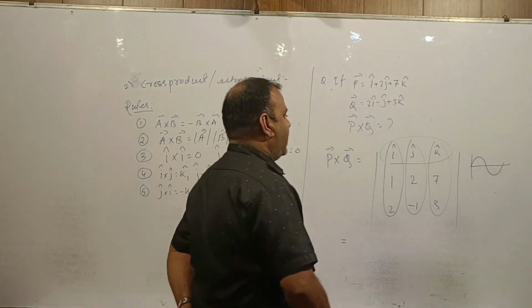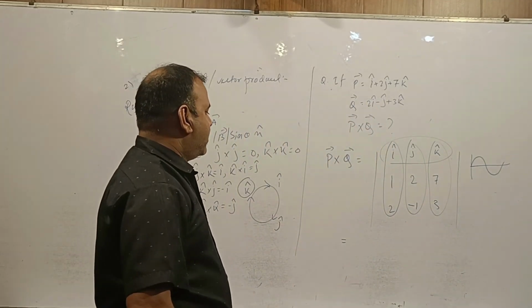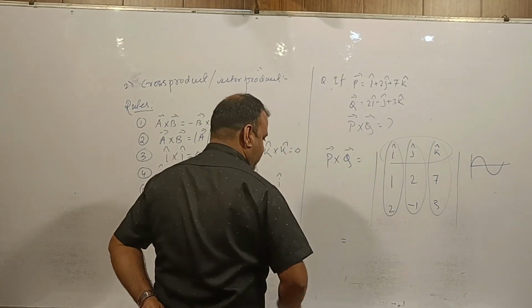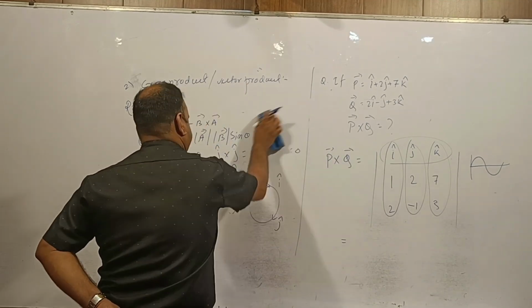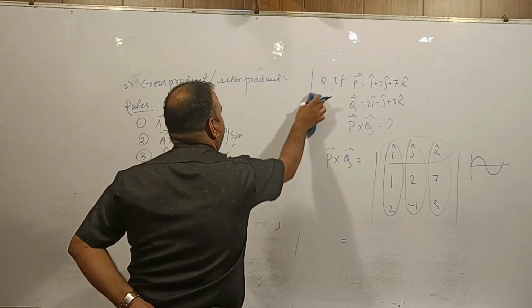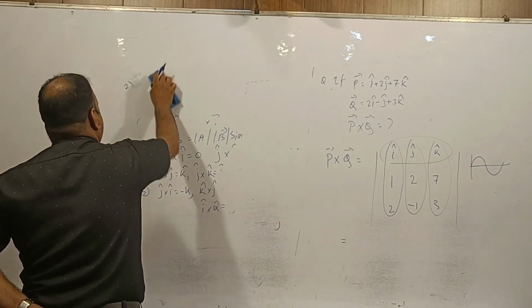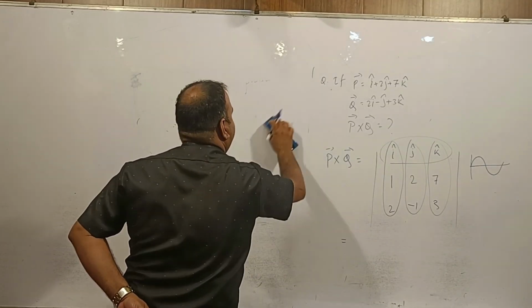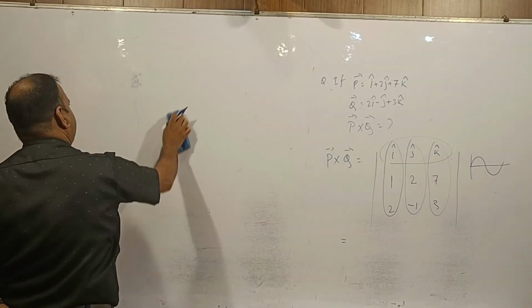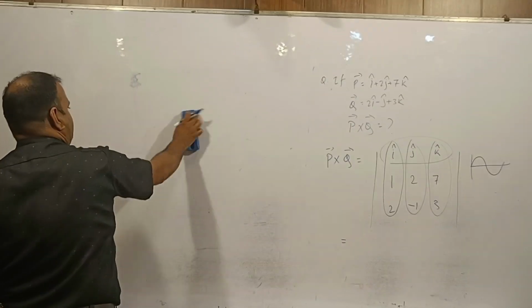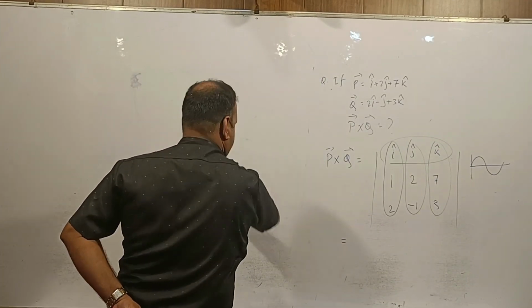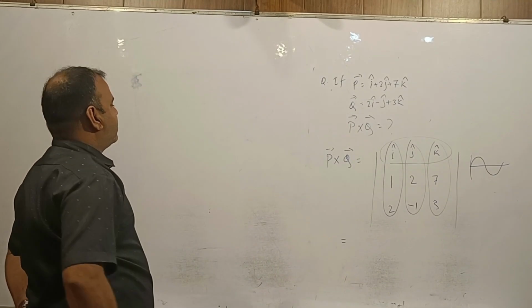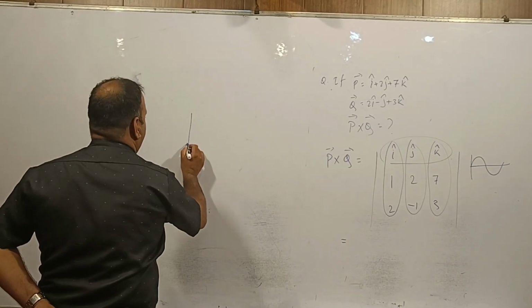So suppose I am trying to write here, you just see what the meaning is, how we can proceed to solve. I think you have an idea about waves. There are different types of waves: sine wave, square wave, triangular wave, pulse. So suppose I am drawing one wave here.